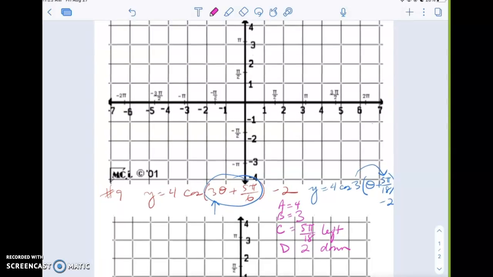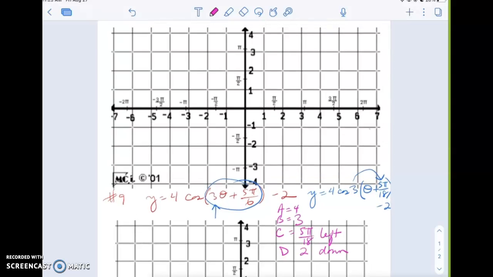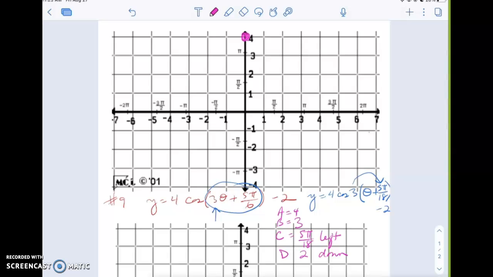And it's a cosine graph, so that means I'm going to start at my amplitude, and my amplitude is 4. Okay, so I'm going to start at 4. Now, the period for the graph, remember, is determined by the B value. So the period is 2 pi over whatever B is, 2 pi over 3.